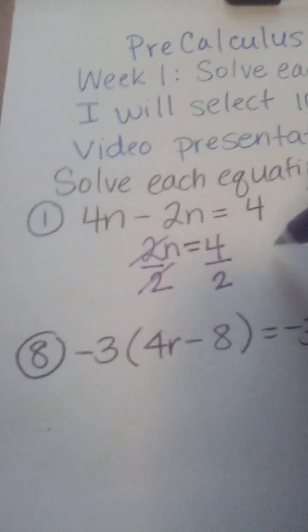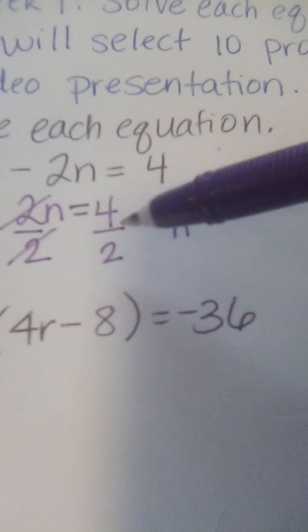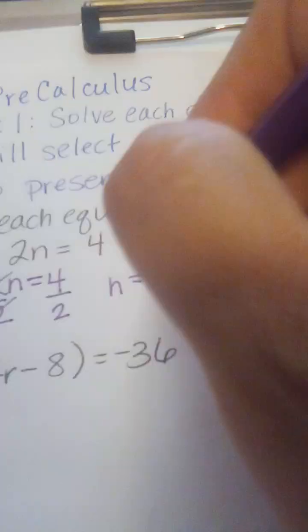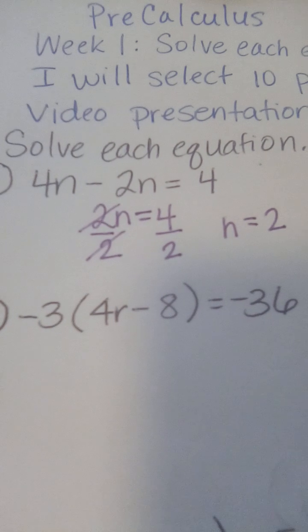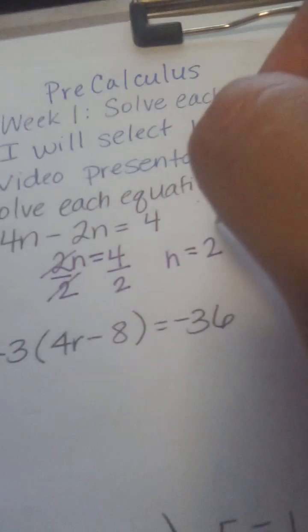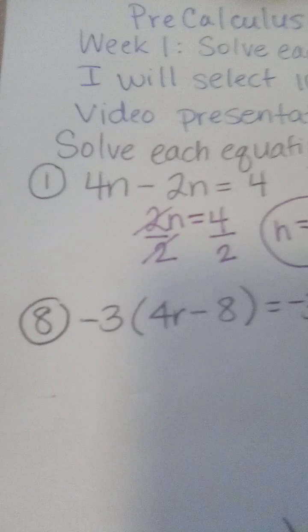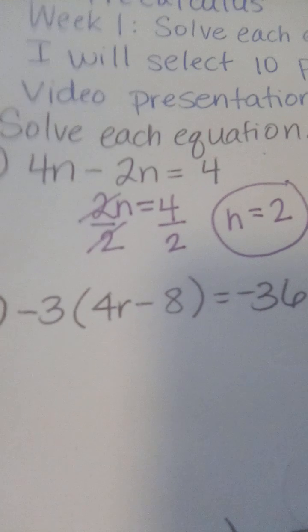Bring down the n. What is 4 divided by 2? It's 2, right? Anything else? And that's all. It's the final answer. Any questions on number 1? That wasn't too bad, right?